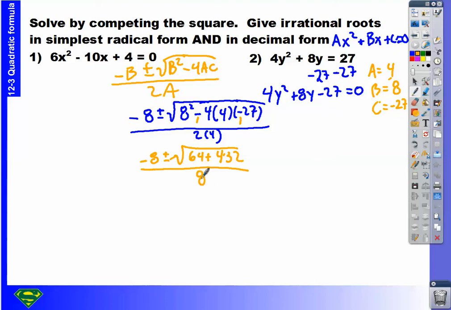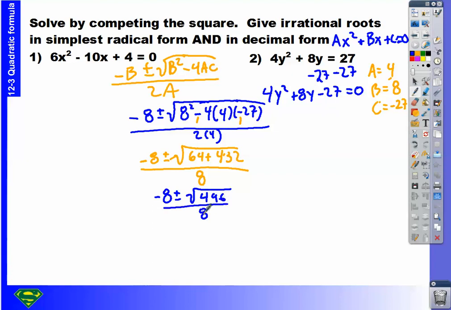So let's add what's in the square root bracket. So we have negative 8 plus or minus the square root of 496, and that's over 8.